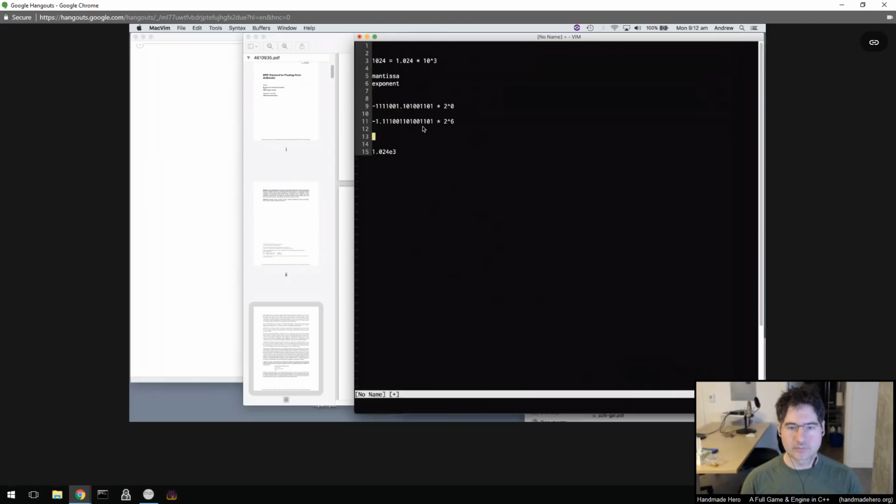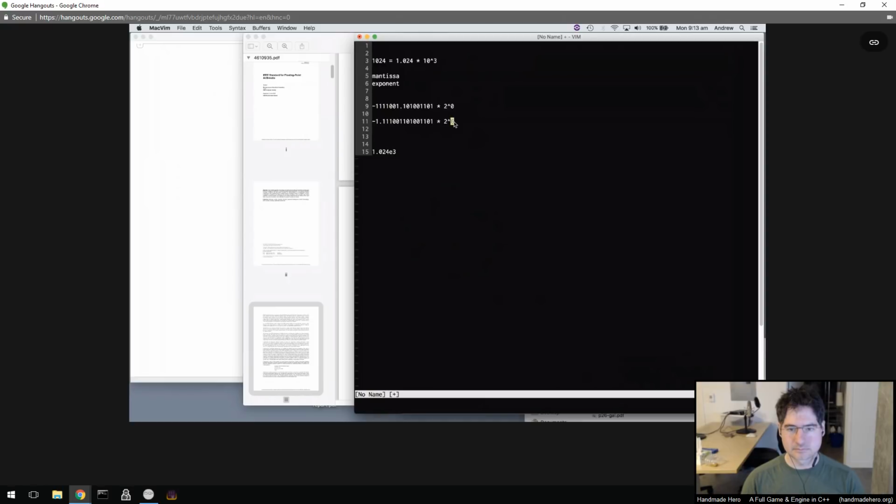Most numbers that we want to deal with can be represented in 3 parts. One is the sign, whether it's positive or negative. The second part is the mantissa, which is a number between 1 and 2, including 1, not including 2. And the third is the number that you raise 2 to the power of, which is called the exponent.